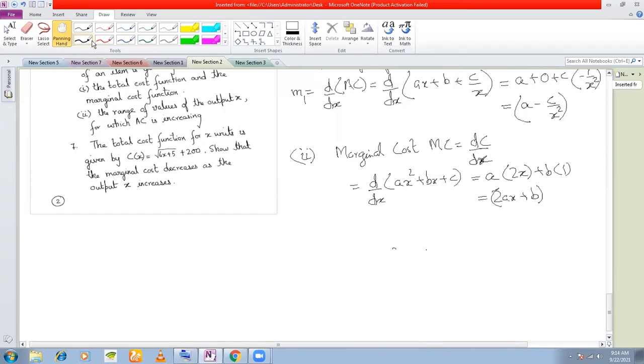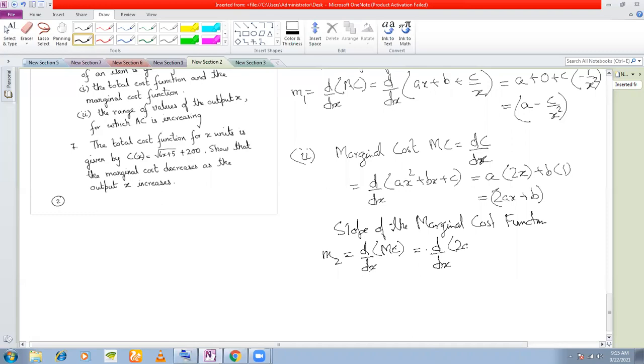So what should be the slope of the marginal cost function? We differentiate this marginal cost. The slope of the marginal cost function, let's say M2, is equal to d/dx of the marginal cost, equal to d/dx of 2ax plus b, which is equal to 2a into 1 plus 0, which is equal to 2a.